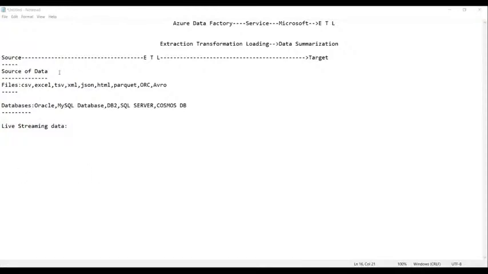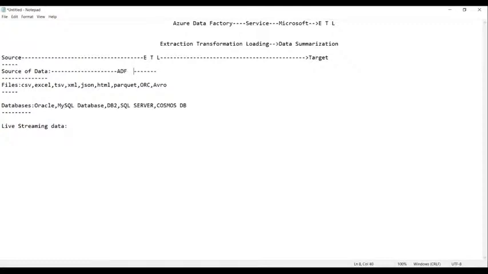Now further, what happens? From the source of data, the data is extracted. On all this data we use ADF, that is called Azure Data Factory.